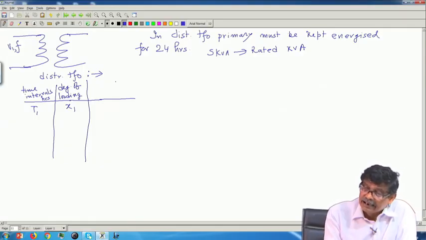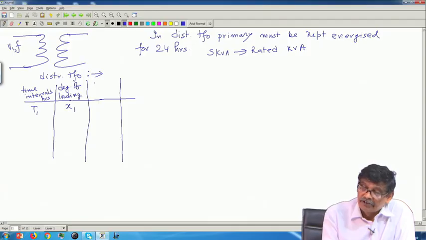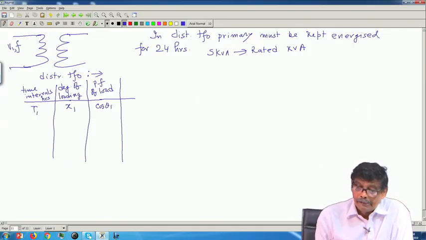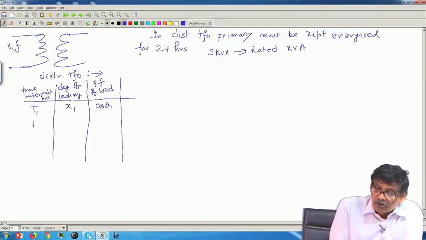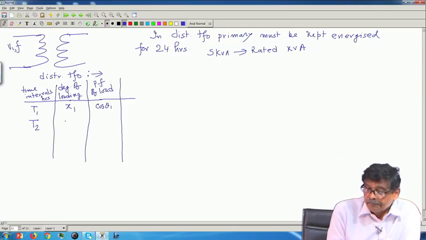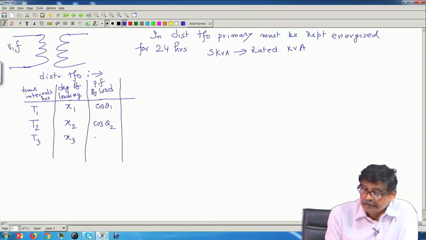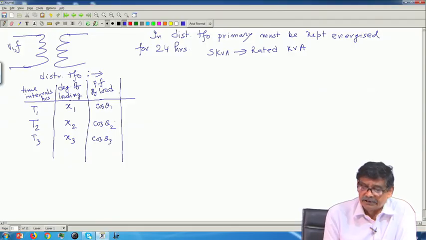Similarly, I make another column, power factor of load. Suppose it is given as cosine theta 1. In the same way, for the next T2 hours, let the degree of loading be x2 and the power factor be cosine theta 2. For T3, x3 is the degree of loading and cosine theta 3 is the power factor.